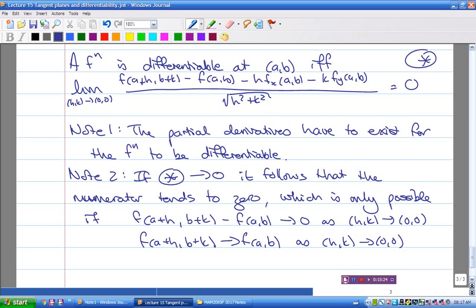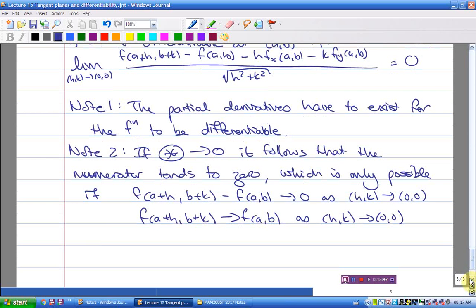I mean, I haven't written it down with fancy limits and things, but that basic idea that as you get closer and closer to (a, b), your function value gets closer and closer to the function value at (a, b), that's continuity. So the second note here is that your function has to be continuous in order for differentiability to be the case.